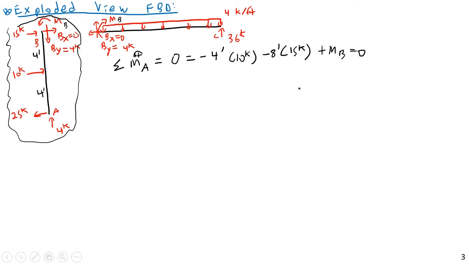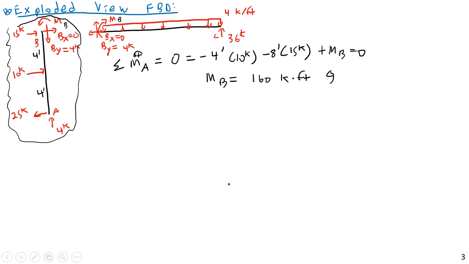Sorry about that. And we get that MB in turn is equal to 160 kip feet, counterclockwise. Does that make sense? Yeah, that does. Because 15 times 8 would be 120, so 160. Good.